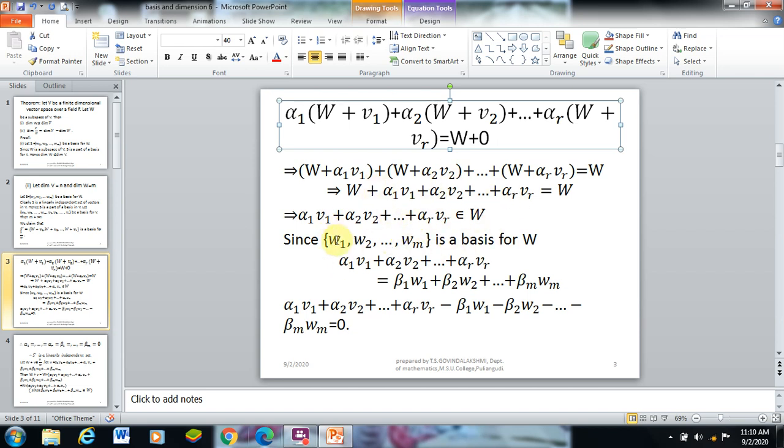Since {w1 to wm} is a basis for W, and it is part of the basis for V, alpha 1 v1 plus alpha 2 v2 plus alpha r vr equals beta 1 w1 plus beta 2 w2, etc., plus beta m wm.